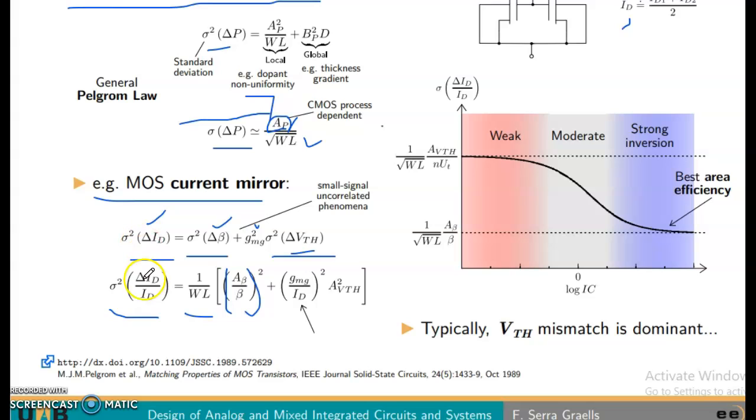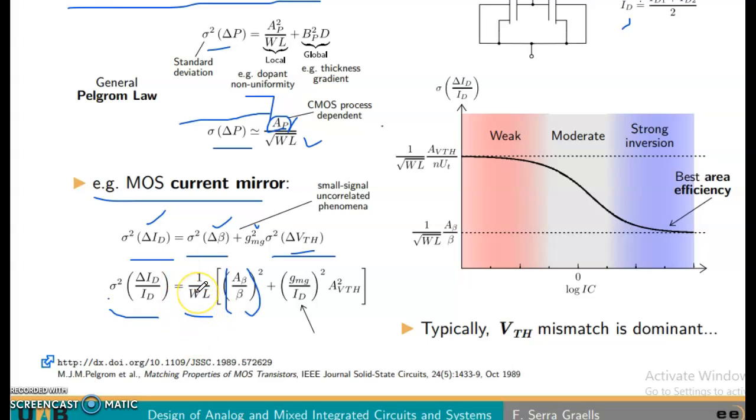Actually, here, the change of I_D with respect to I_D multiplied by sigma squared equals 1 by WL.